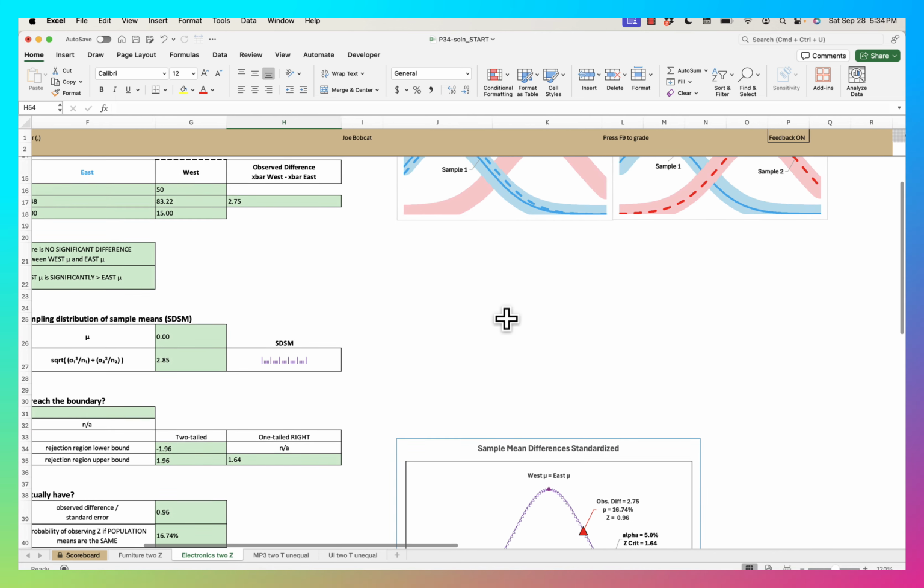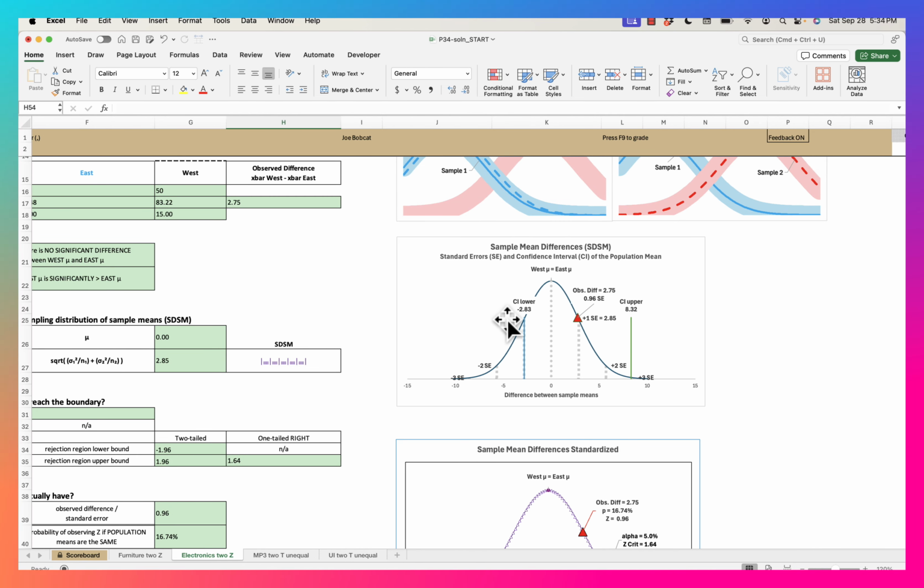And if we look at this in pictures, what we're effectively saying is that the true difference between the populations is somewhere between negative 2.83 and 8.32.